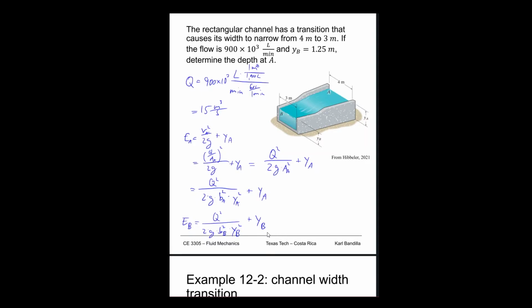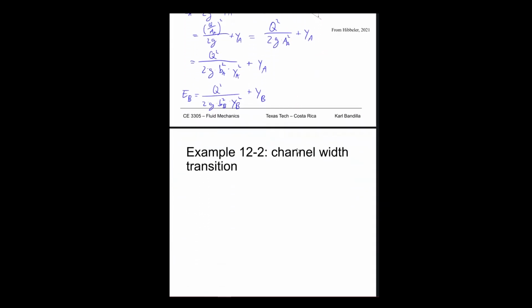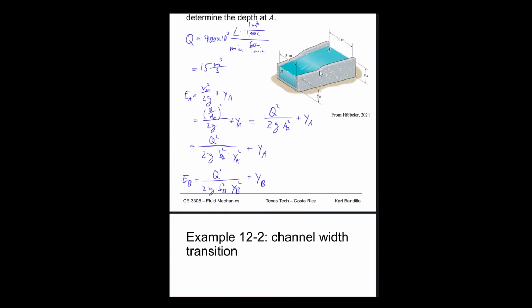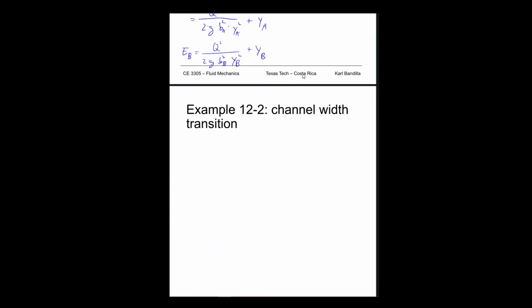Right, that's our specific energy at location B. Now there's nothing happening in between these two sections, right, other than this width transition, which means we're not losing any energy, so it means specific energy at A has to be the same as the specific energy at B, which means we can write our whole thing there.